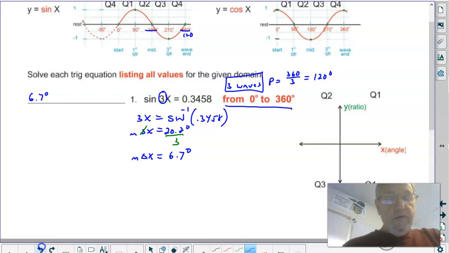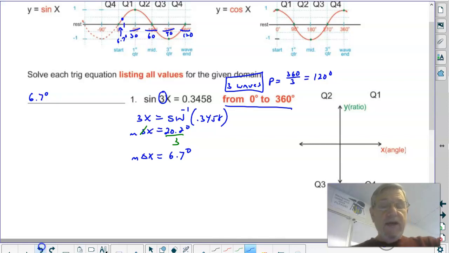This is 1/3 of it. This is now 60, right? This is 30, and this is what, 90? All right, see how we get a full wave from 0 to 360? So when we got that 6.7, we are somewhere in here, right? And the 6.7 is that gap.